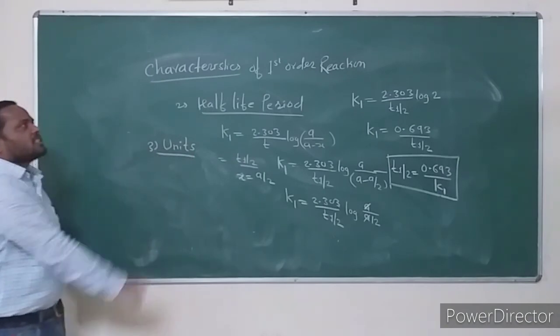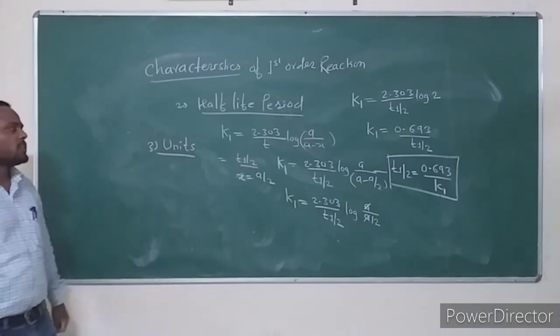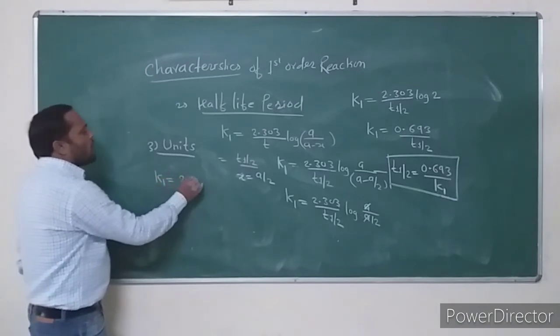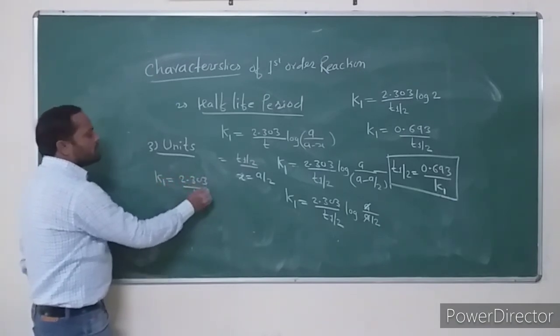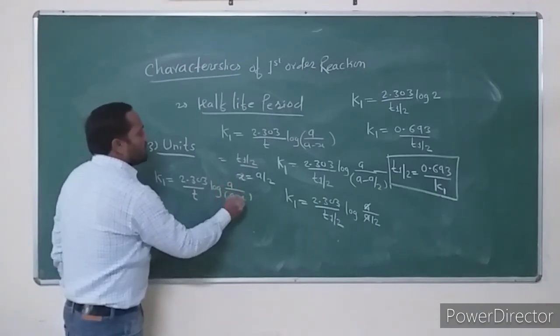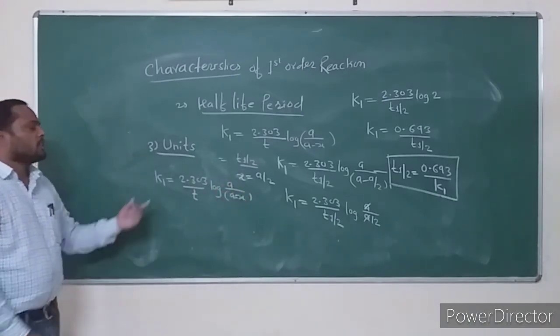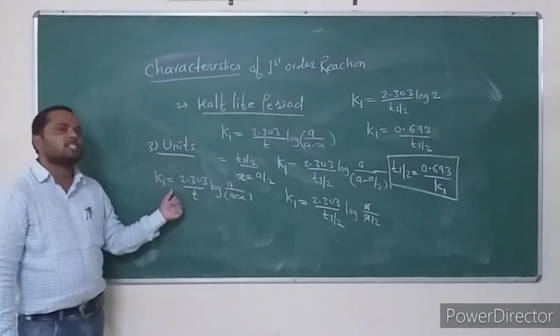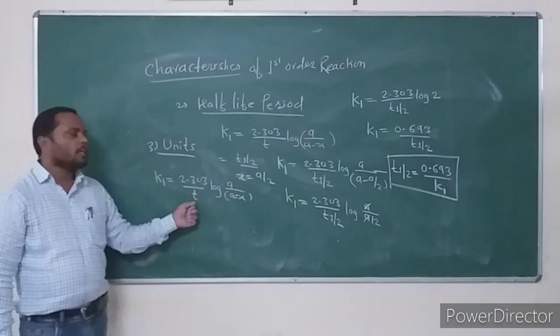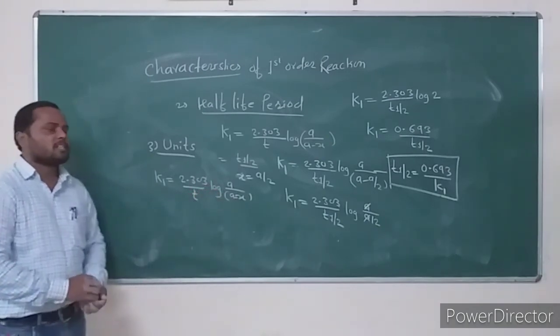Now consider the last property, unit. What is the last characteristic for the first order reaction? What is the unit of the first order rate constant? This is the first order rate constant equation, k1 is equal to 2.303 divided by t, log a upon a minus x.